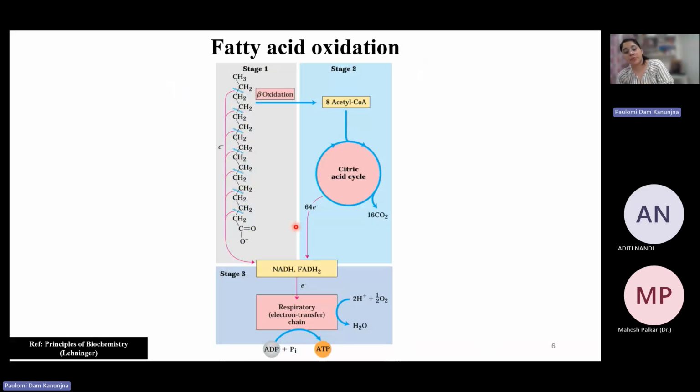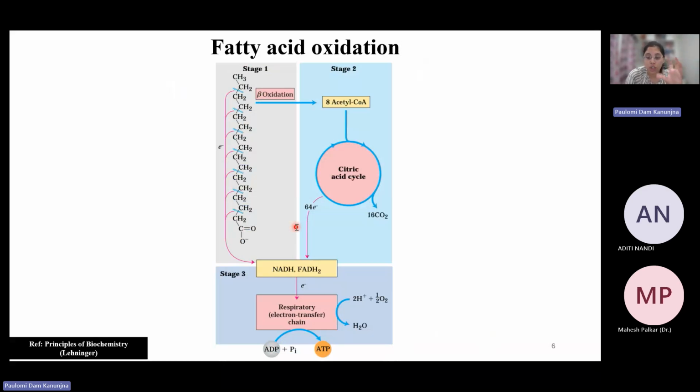If you have to look into fatty acid oxidation, the first step is to get the fatty acid inside the cell. That itself has 2-3 steps that we just discussed: from fats to fatty acid, from fatty acid to fatty acyl coenzyme A. Once it has come to that form, then it will undergo what we call fatty acid oxidation, which itself again has 3 stages.